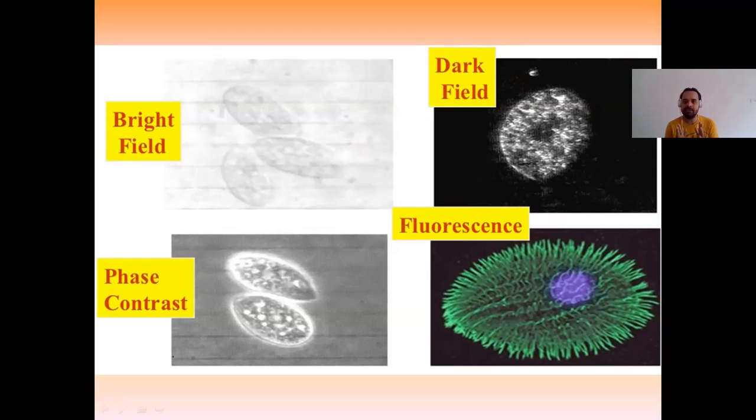Suppose on the stage you have kept one sample, and if it does not have the property to fluoresce, then there is no use of taking the sample into the fluorescence microscope. But if the property of that sample is to shine in the light, we can use that sample in our fluorescence microscopy. So what is actually fluorescence?